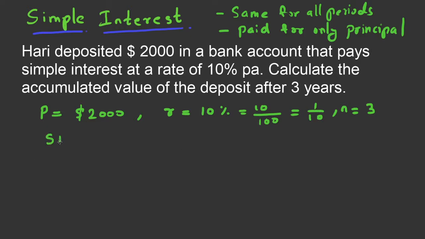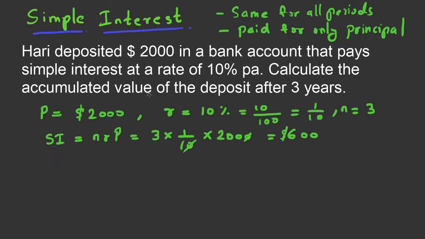We can calculate simple interest, which is equal to NRP, that is equal to 3 into 1 by 10 into 2000. I will get $600. What is the accumulated value?